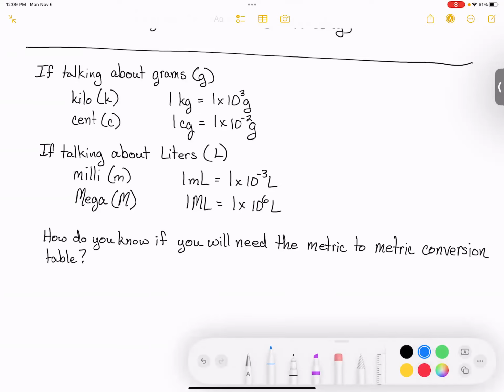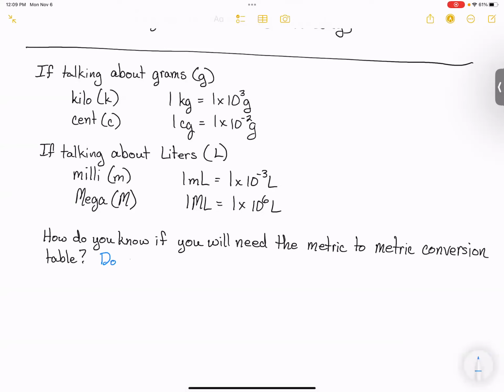The answer to that is, do the 2 units have something in common?